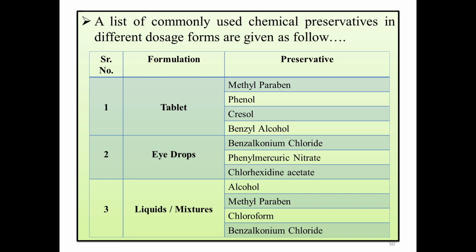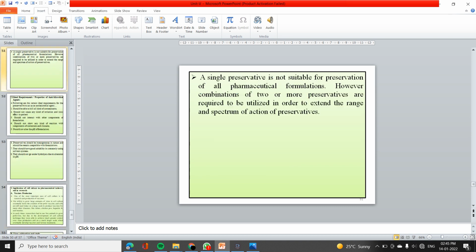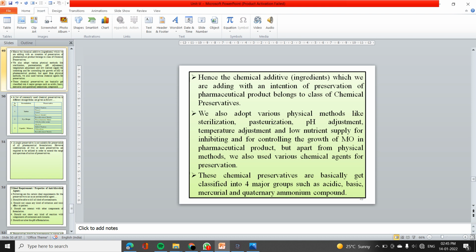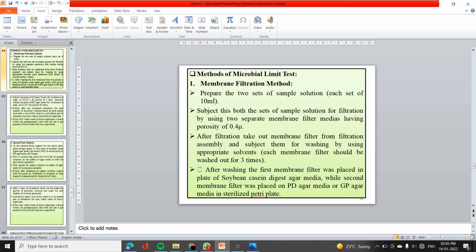I hope you have understood the topic, whatever I have told you today. The first topic was the methods of microbial limit test, in which we first saw the microbial filtration method, a test for determination of microbes in a specific sample.